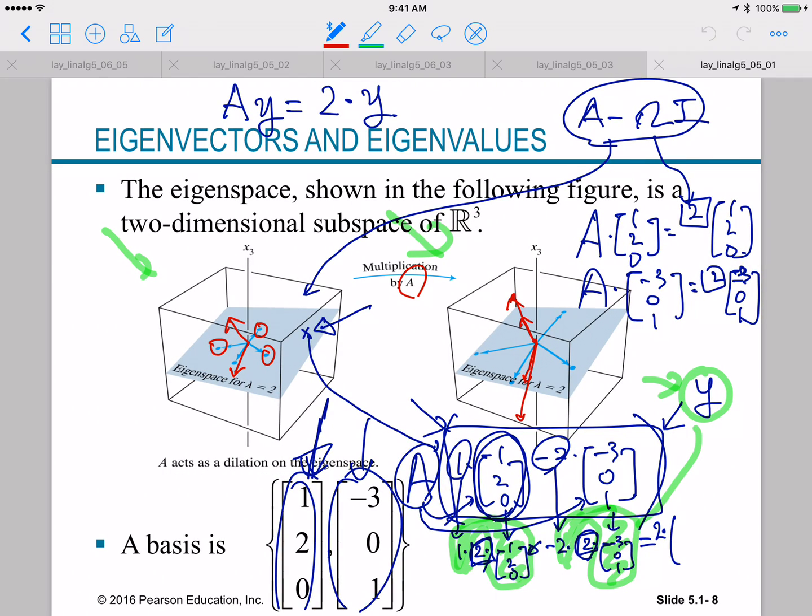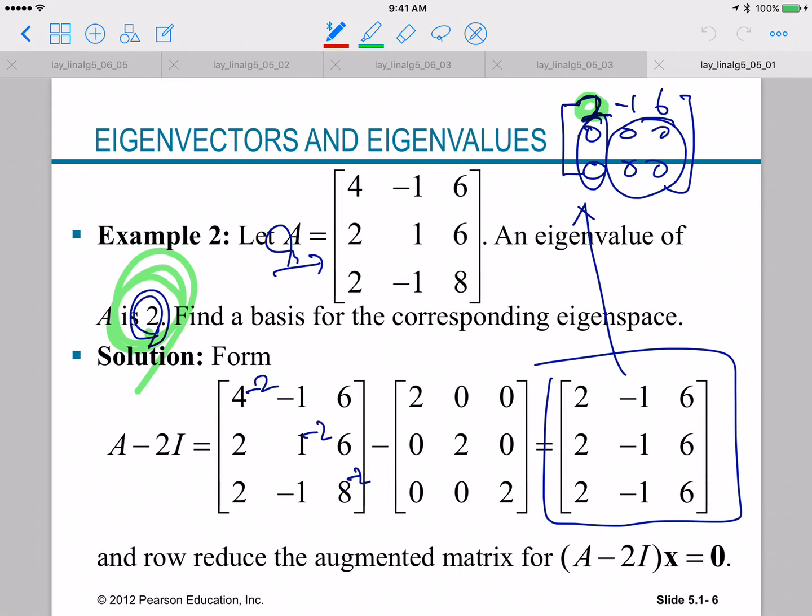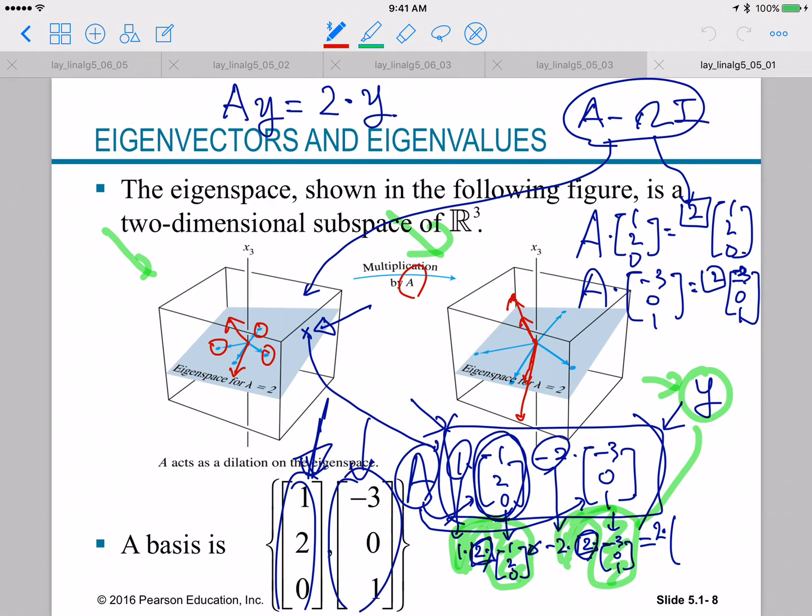Okay, and then I'll introduce another term. Again, we started from this eigenvalue of 2, right? And it has its own null space for A minus lambda I, right?